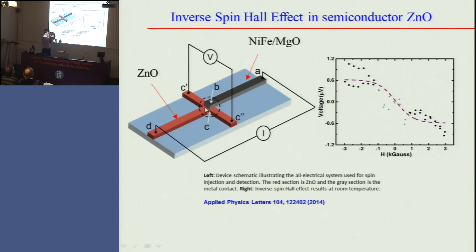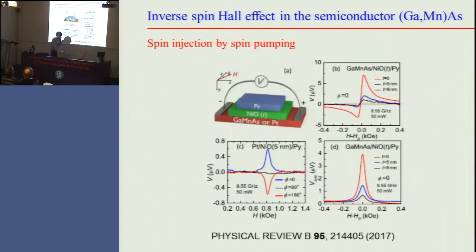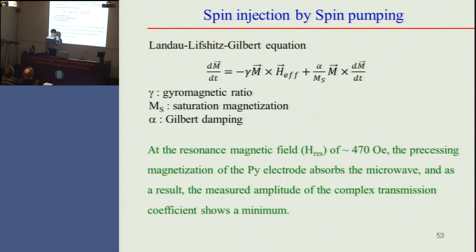When spins are oriented this way, they deviate to one side and accumulate on one side. They measure the transverse voltage between those two, which also proves there is an inverse spin Hall effect. Many, many examples, but there are other examples I'm going to skip. There are so many ways of spin injection like this.